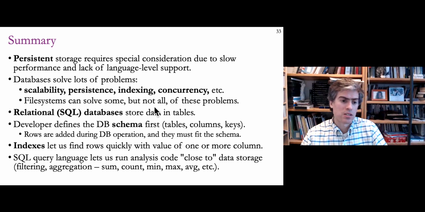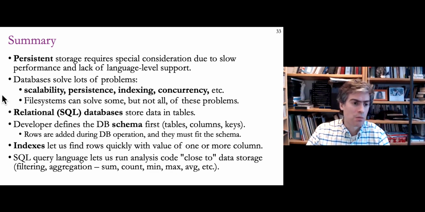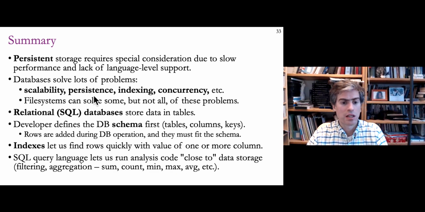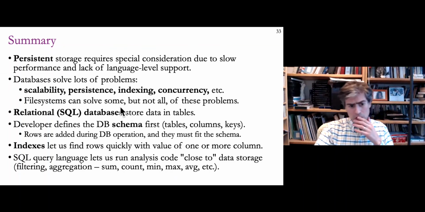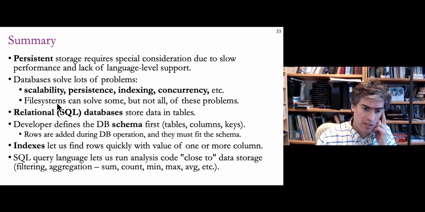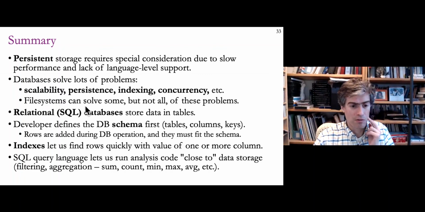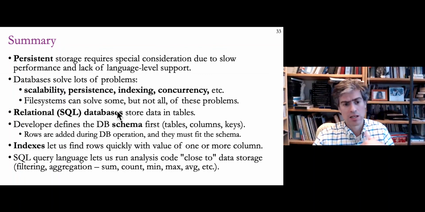So databases solve lots of problems related to persistent storage, scalability, persistence, indexing, concurrency, and so on. You can think of a database as a more fully featured file system, because it has more indexing and better support for concurrency and security and stuff like that.